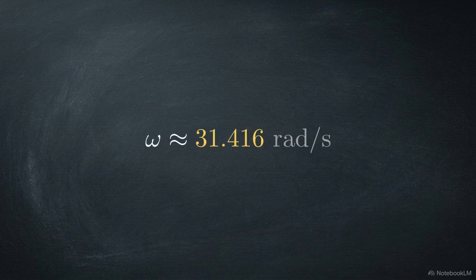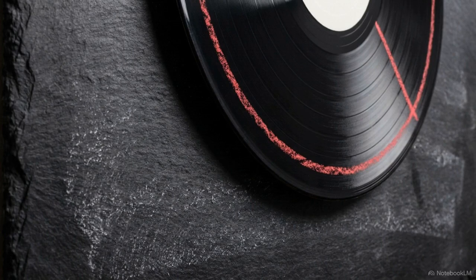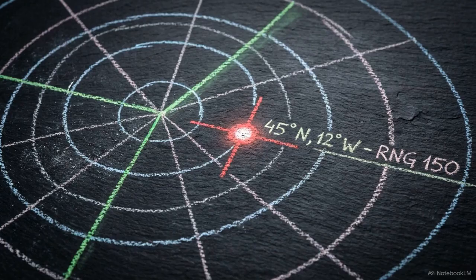When calculated out, that equals approximately 31.416 radians per second. This number tells us exactly how far the point travels. It sweeps through roughly 31.4 radians of angular distance along the circle every single second. By calculating angular velocity, we can perfectly predict a signal's exact geometric location at any given millisecond.